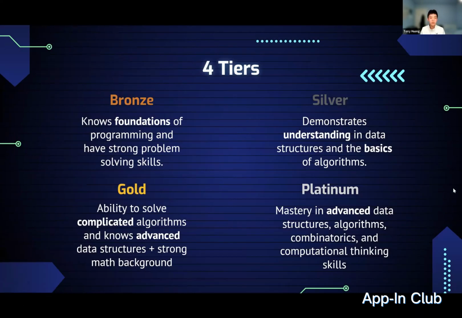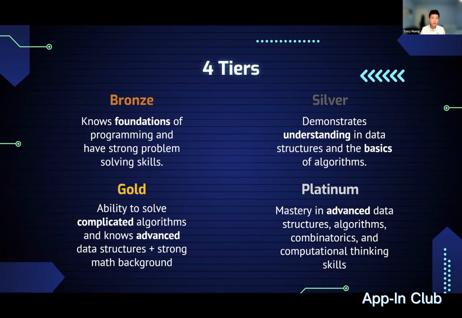So in USACO, there are 4 tiers. One is bronze, which basically shows that you have a basic understanding of the fundamentals of programming and decent problem solving skills. Then if you pass that, you can reach silver, which means you demonstrate somewhat of an understanding of data structures and the basics of algorithms.